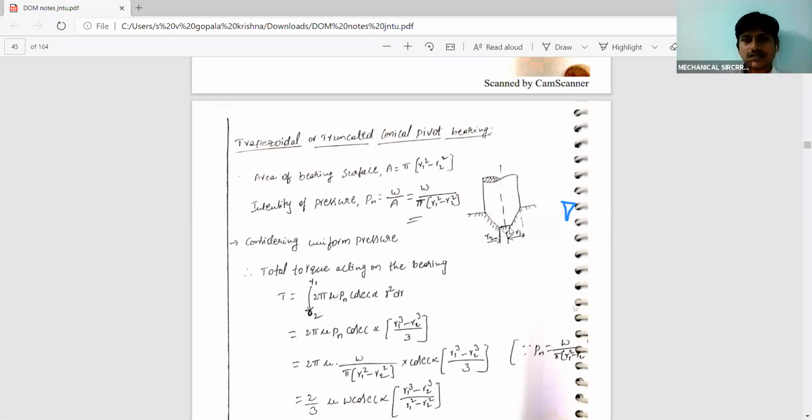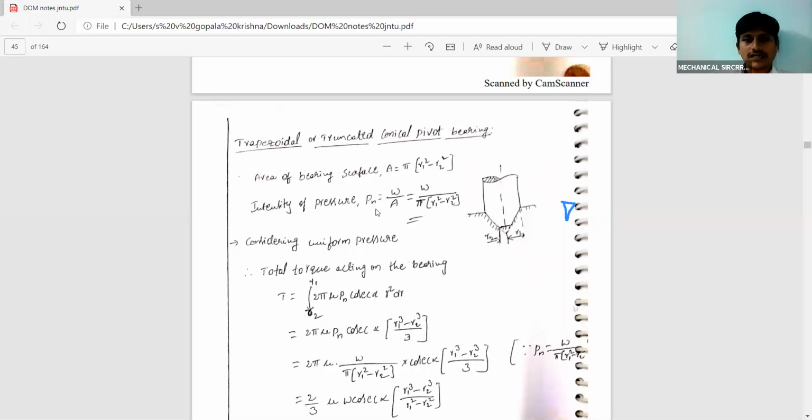So the area of the bearing surface, we generally write area equals pi r square. But here R1 and R2, inner radius and outer radius, so area equals pi into R1 square minus R2 square.